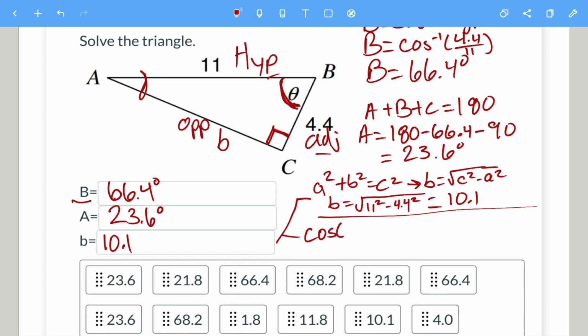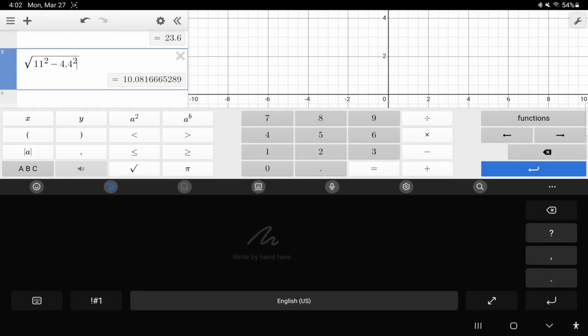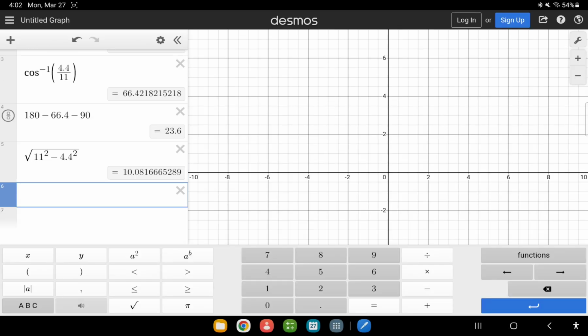We know cosine of 66.4 equals the opposite B over, I lied, that would be sine, not cosine, 11. Multiply both sides by 11. We get 11 times sine of 66.4 equals B, which if you plug that into a calculator, you should still get 10.1.